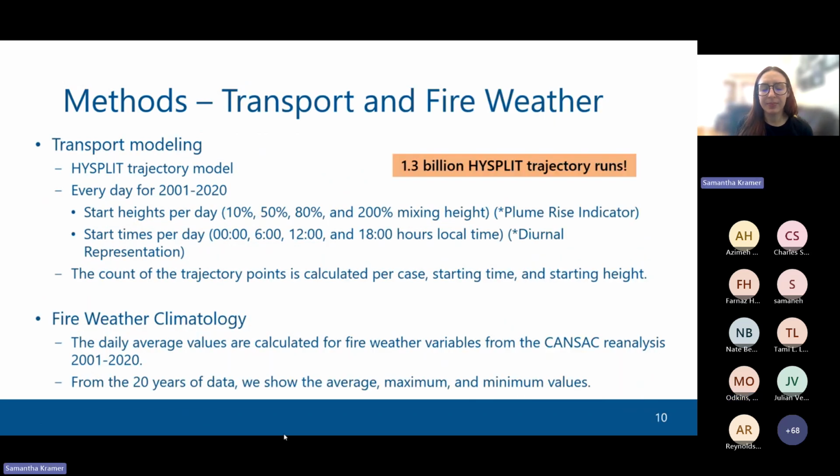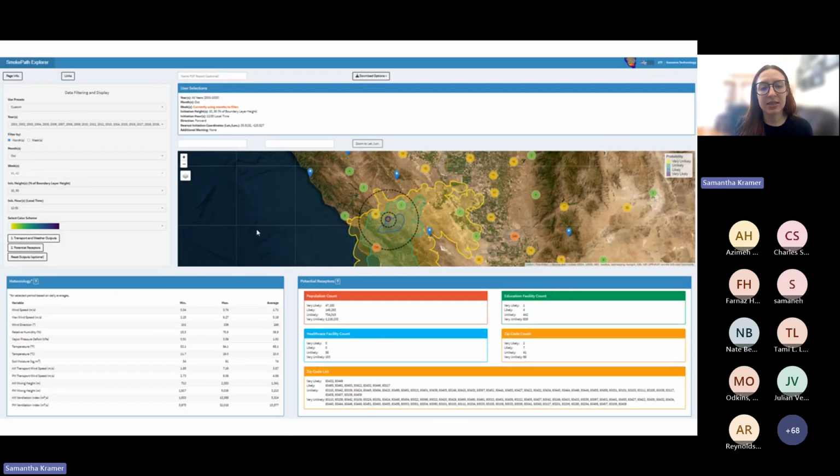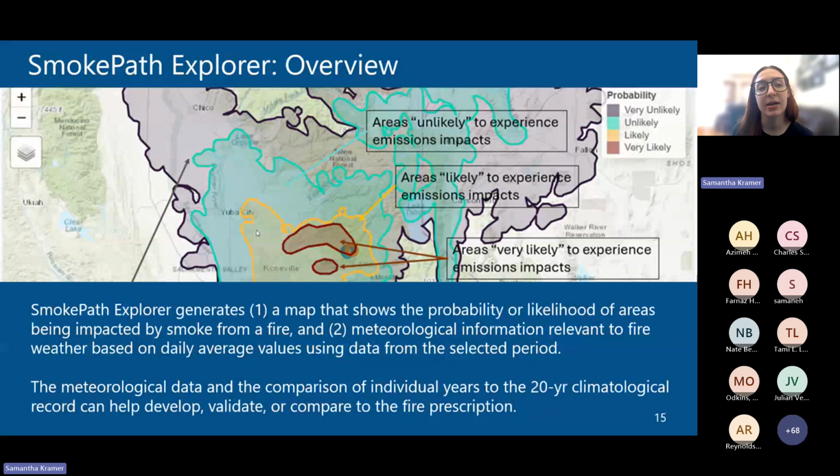Got it. HYSPLIT is the model that we use. So HYSPLIT is basically distance equals rate times time. It tracks a piece of air in the atmosphere and moves it along with the winds. To generate these fields, these smoke transport probabilities, we run HYSPLIT from every single possible grid location.